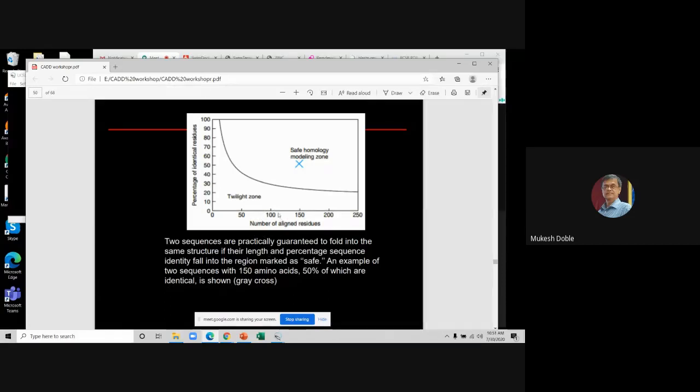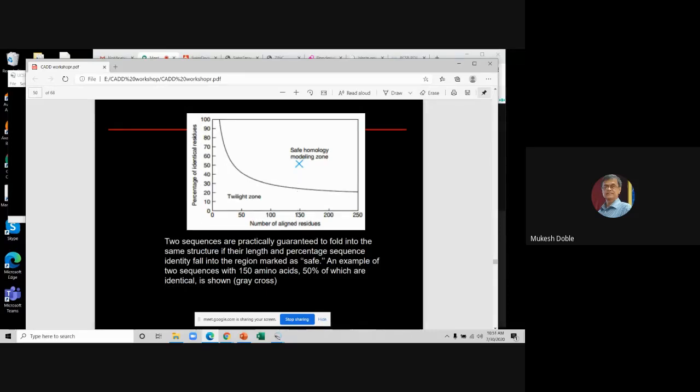This is an interesting picture. It shows the number of aligned residues against the percentage of identical residues. If I align, say, 150 residues and only 30% or 40% of them match, we can say it's good for homology modeling.